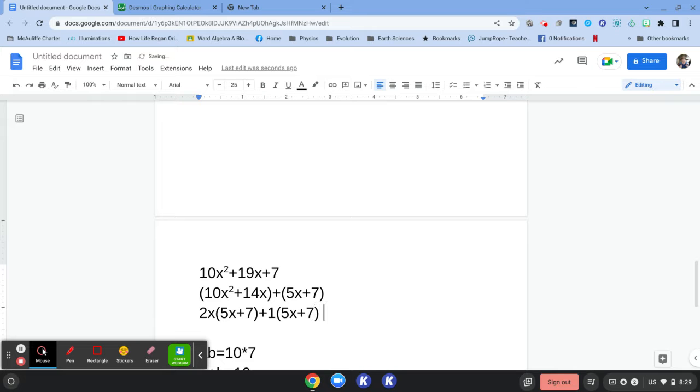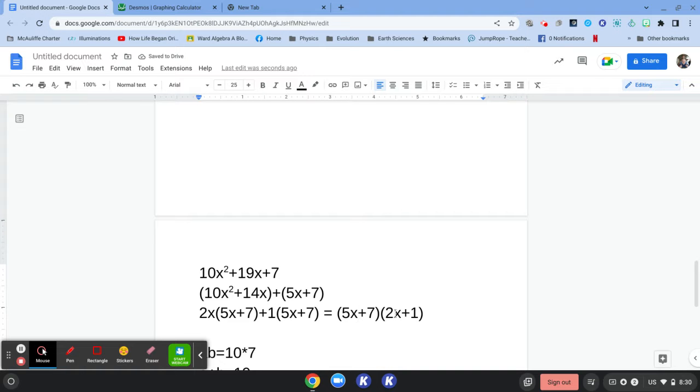And the nice thing here is I have a shared factor, 5x plus 7 and 5x plus 7 for each of those. So 5x plus 7 is one of my factors. And the other one is a combination of the greatest common factors, 2x and 1. So I get 2x plus 1, and you would check that out to make sure it worked.